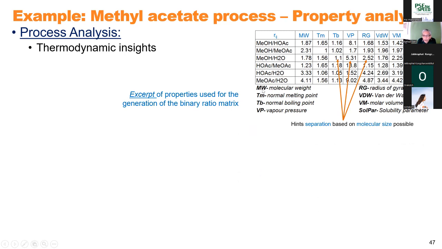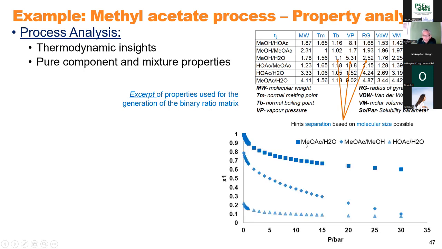So if we want to do any separations, any of these combinations can cause problems. What we see is that methanol water, of course, is no problem. It's easy to separate. However, the combinations of methyl acetate water, methyl acetate methanol, acetic acid water, they form azeotrope.